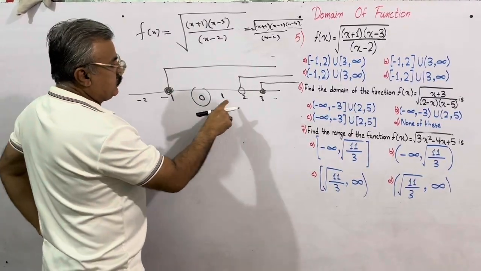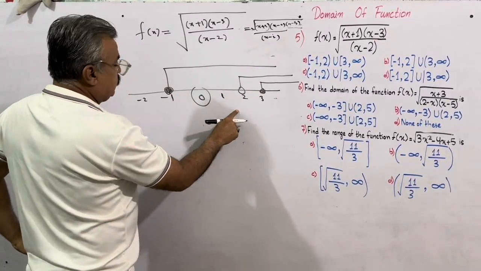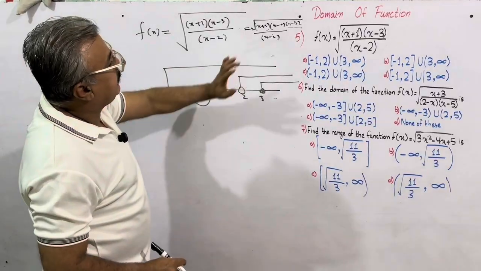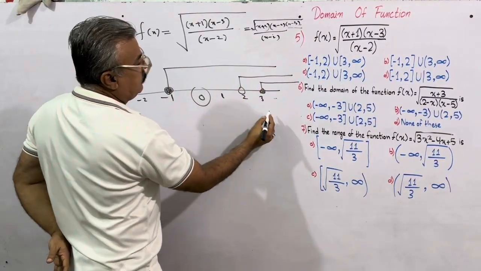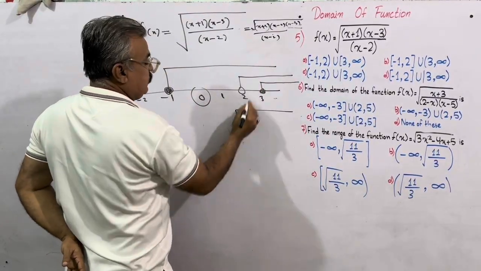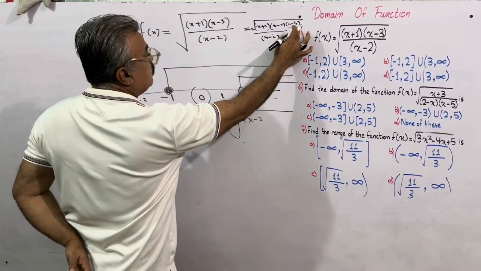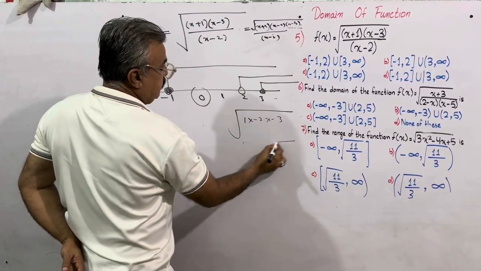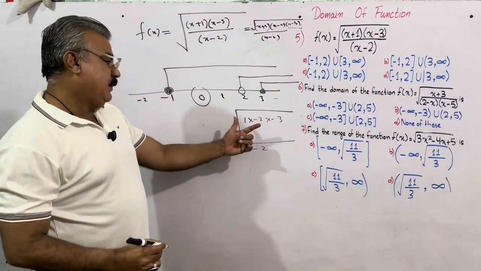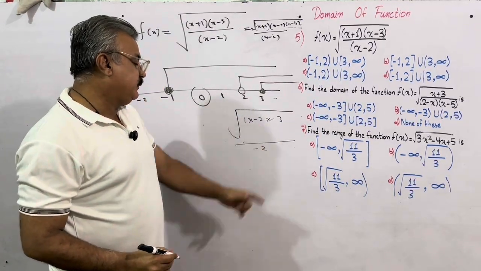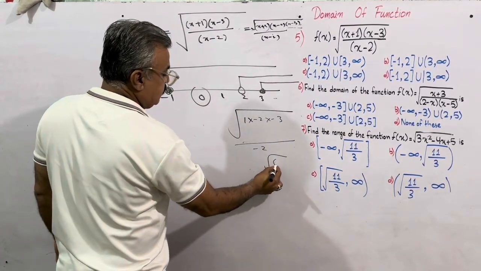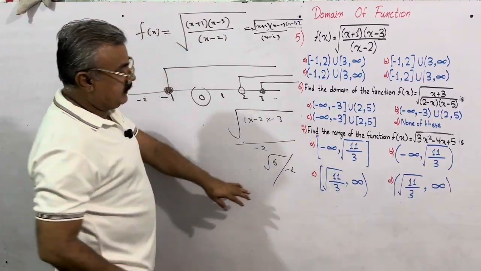Checking from minus 1 to 2, if I put 0 here, it gives me what? Let's see and find out. It will become 0 plus 1, 1, 0 minus 2, minus 2, 0 minus 3, it is minus 3, divided by minus 2. Look at the square root: negative, negative, positive. It will become 6 divided by minus 2. It's a real valued function.